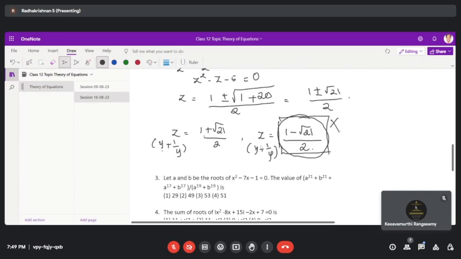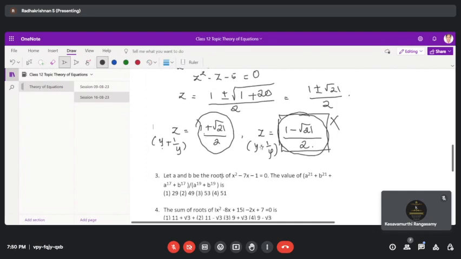No. Because if y plus 1 by y is a negative quantity, y will also be a negative quantity, and that cannot be true. So the only solution is z equal to 1 plus root 21 divided by 2.